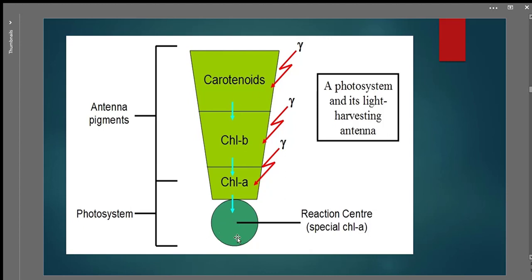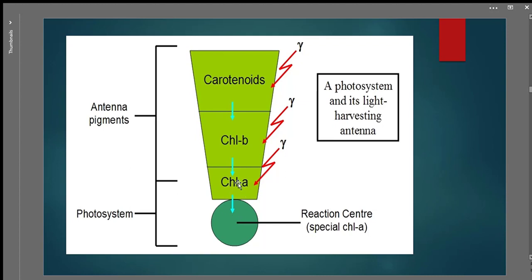But what you need to know is that also on this region here, we have the specialized chlorophyll A. This chlorophyll A you are seeing here is the non-specialized chlorophyll A. This is chlorophyll B, the normal chlorophyll B, and these are the carotenoids, which are made up of xanthophyll and the carotenes. On this reaction center here, we have specialized chlorophyll A, and that is where we have the P680 and the P700, that is photosystem 2 and photosystem 1.